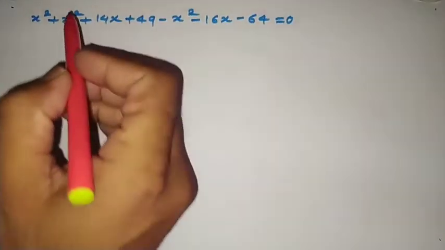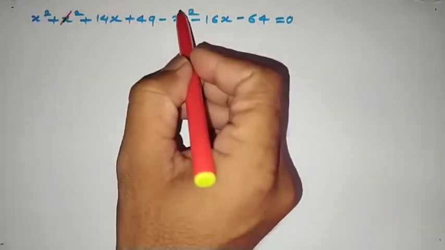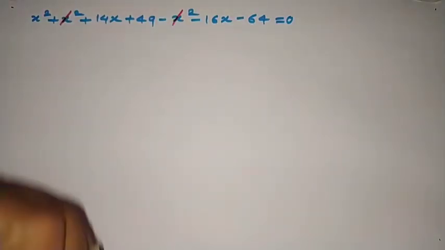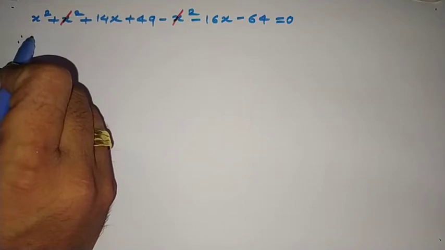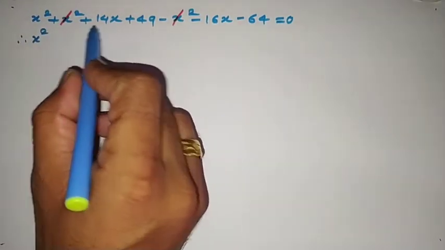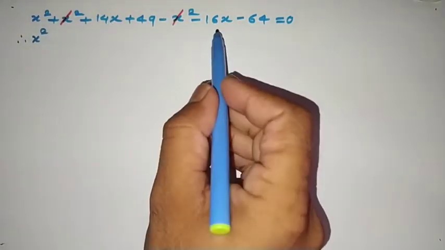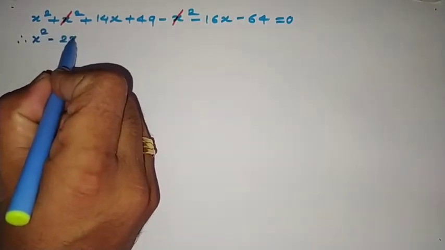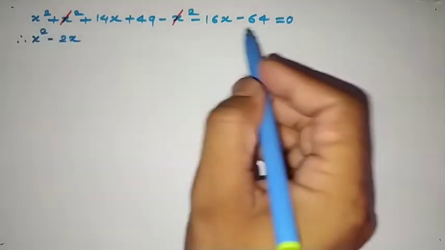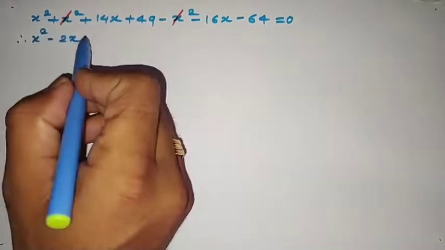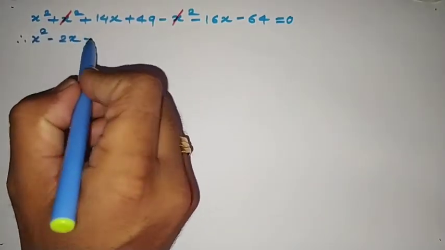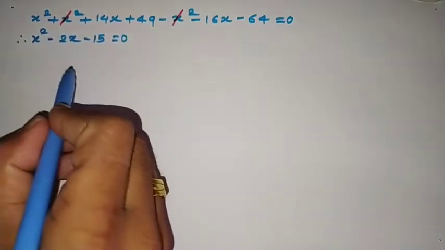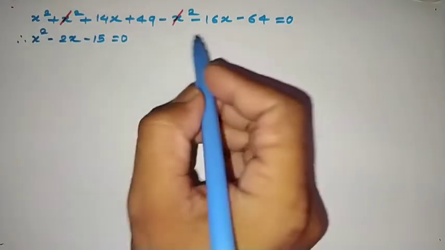Here x square minus x square cancels, and sum the like terms. x square plus 14x minus 16x, that is minus 2x, plus 49 minus 64, the sum is minus 15, is equal to 0. Solve this example by the factorization method.